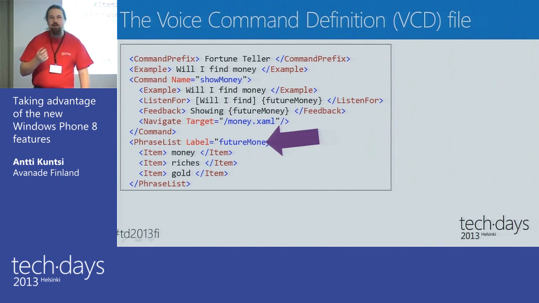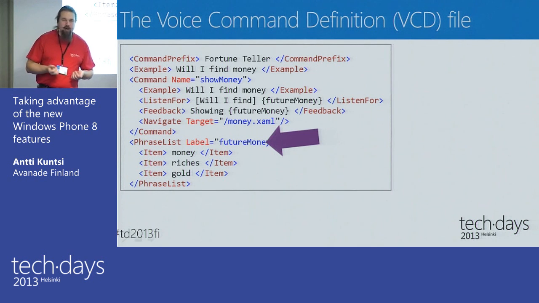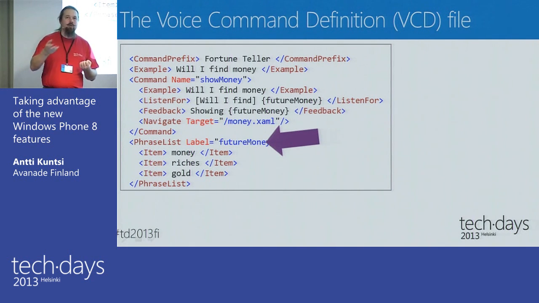And this part is something you can dynamically change, for instance, in background tasks. So if you have a movie player, you can easily create a list of your movies. You can have the basic phrase there and what to do, and then you add the up-to-date version of the phrase list in your background tasks.